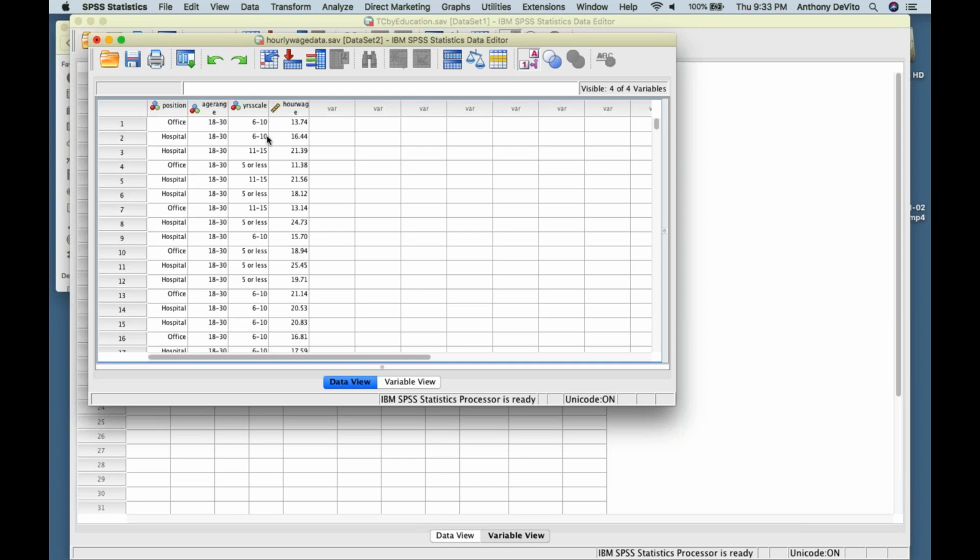And my alternative hypothesis is that there is a difference between the average wage for nurses in different experience groups, and their average salary.